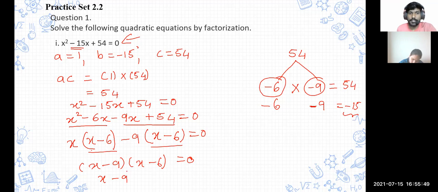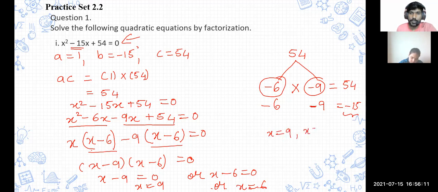So you have x minus 9 is equal to 0 or x minus 6 is equal to 0. Now take minus 9 on the other side, you'll have x is equal to 9, or take minus 6 on the other side, you'll have x is equal to 6. So x is equal to 9 and x is equal to 6 is the solution.